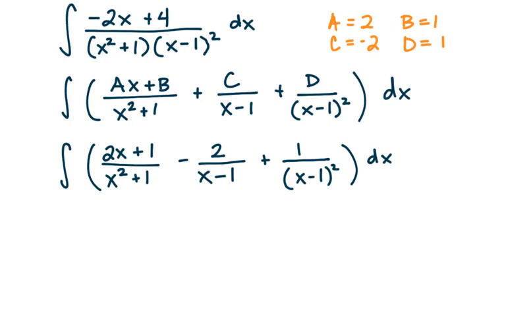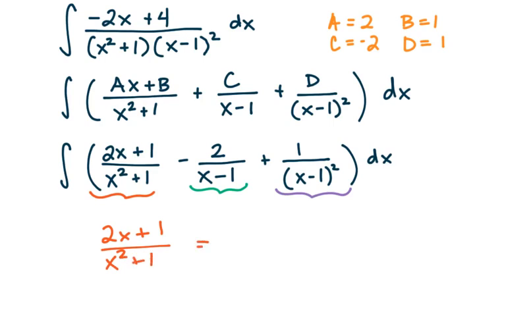So now, the integral of a sum is the sum of the integrals. I'm going to look at breaking these apart. I have 3 fractions here. And this first fraction, 2x plus 1 over x squared plus 1, I can unadd that, and I can say 2x over x squared plus 1 plus 1 over x squared plus 1.